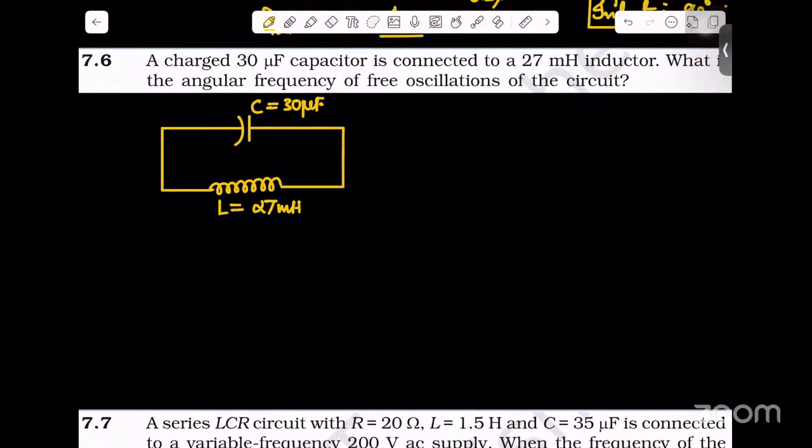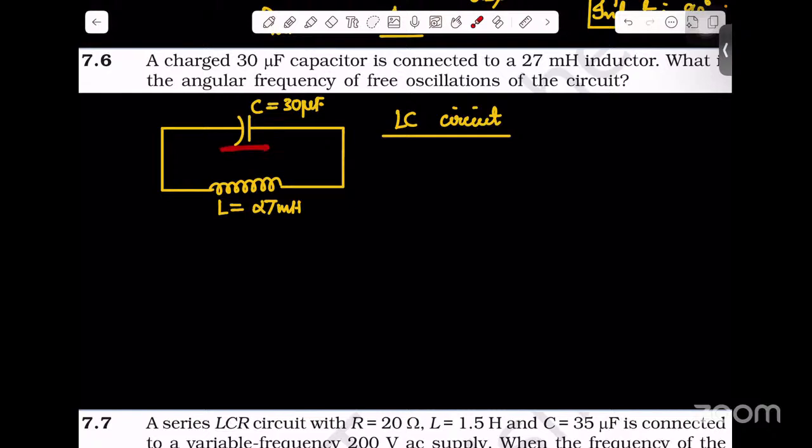So this is the case of an LC circuit, right? We have been asked to find the angular frequency of free oscillation of the circuit. Now, what do you mean by the oscillation?